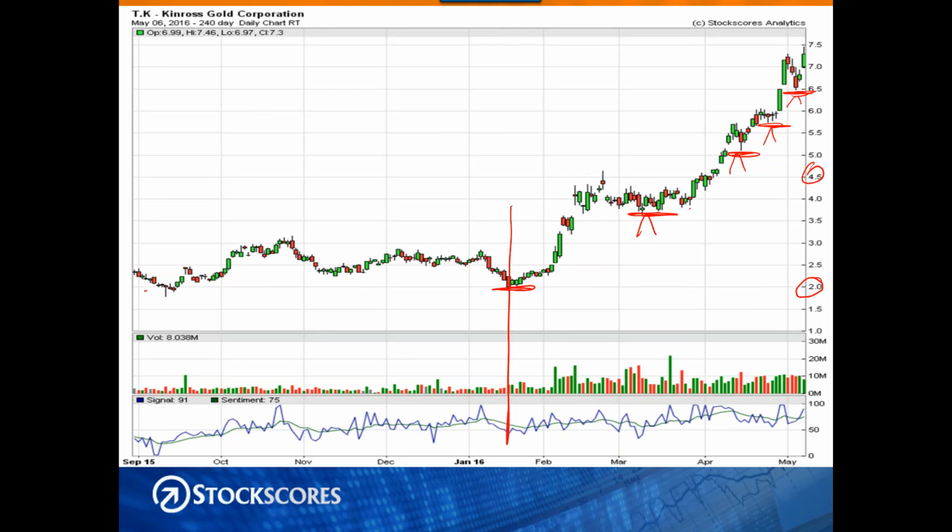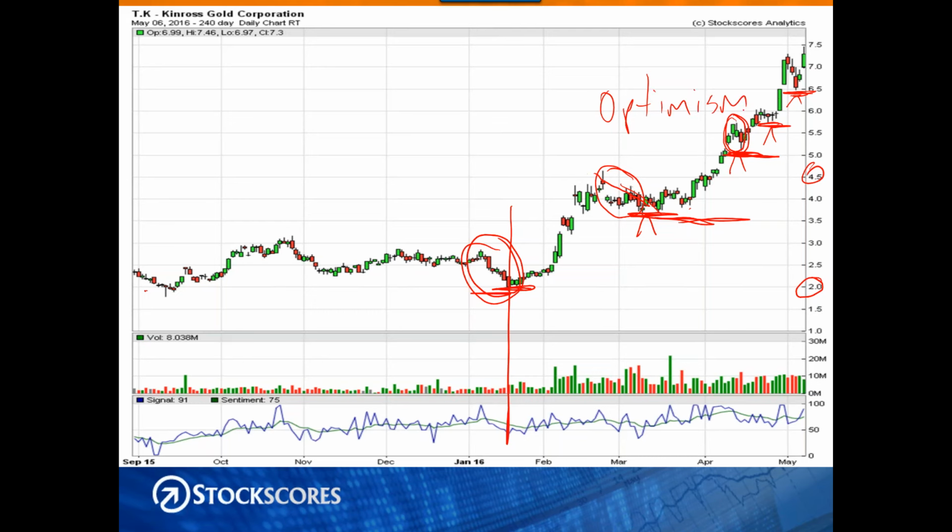What that means is that when the sellers are pushing price down, like they did here for a couple of weeks, they can't push it as low as the last time they pushed price down. And here we get a little bit of a downward movement for only about 4 days, but they can't push the stock lower than they did the last time they pushed price down. So these rising bottoms on the chart tell us that we have optimism.